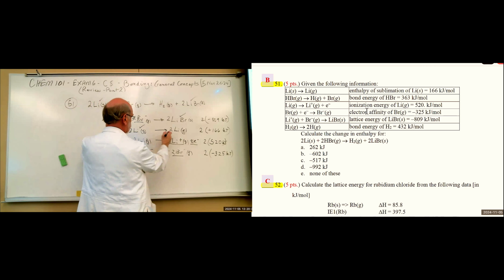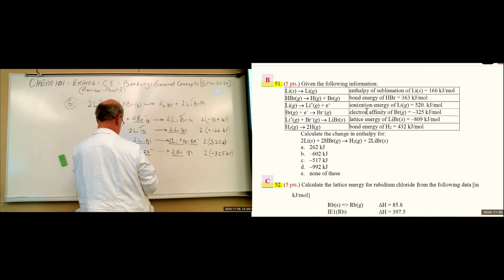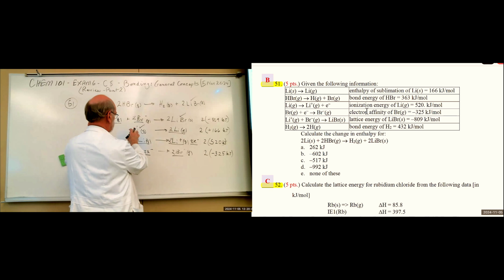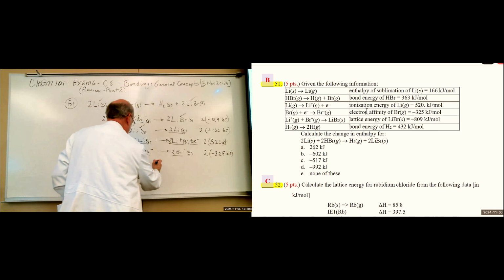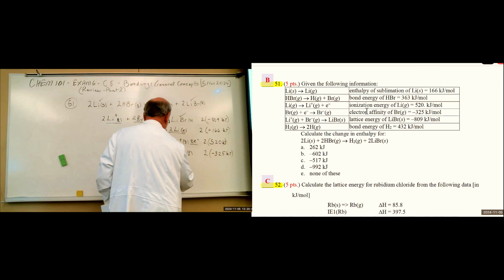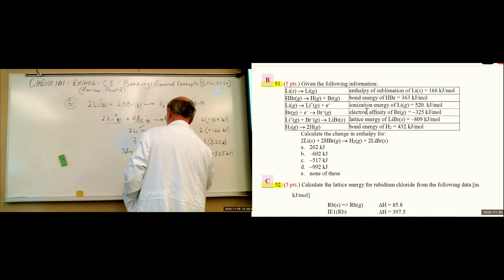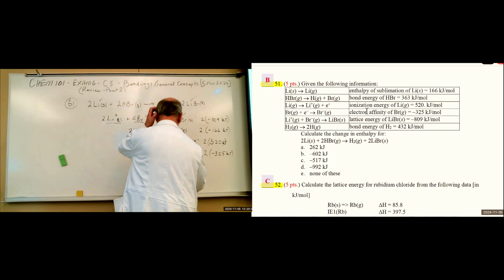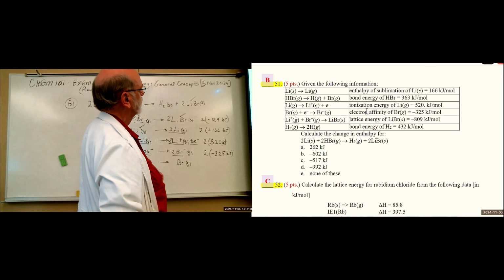And this lithium gas is taken care of there. And this bromine gas, okay, we haven't done that one yet. So what we need is bromine elemental gas on this side. 2 of those. So do we have one that puts bromine gas on one side? Yeah.